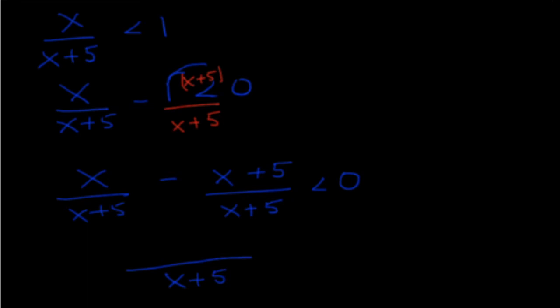And now this minus sign here is going to distribute out to both pieces. So the way we're going to do it is we're going to say x - x is 0. And then this negative has to distribute out to the 5 to give us negative 5 less than 0.